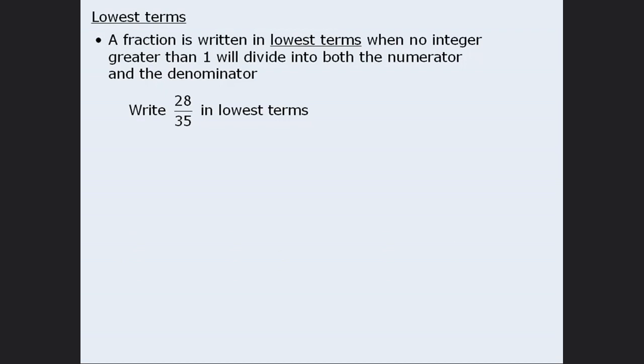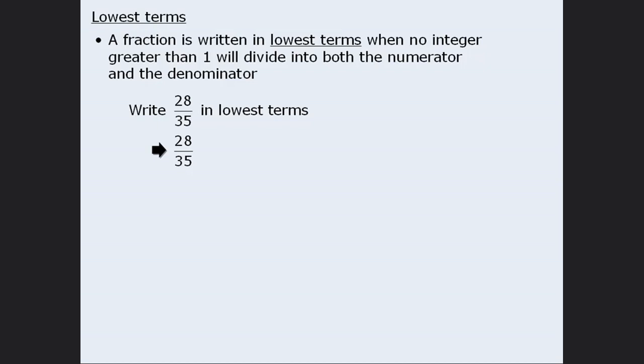So, for example, let's say we're working on a question and we calculate the answer to be 28/35. Since 28/35 is not written in simplest terms, we would not find this fraction as one of the answer choices. So we need to simplify it. Our goal then is to find a fraction that is equivalent to 28/35 that uses the smallest integer values in its numerator and denominator.